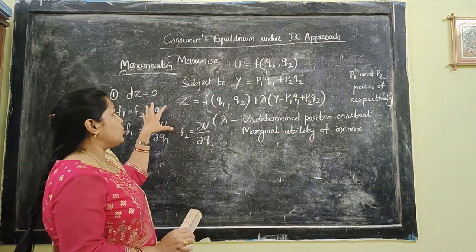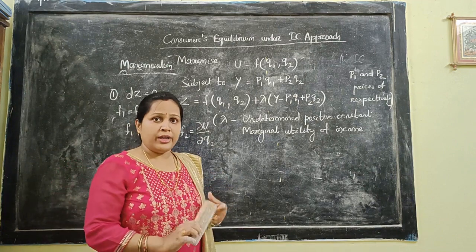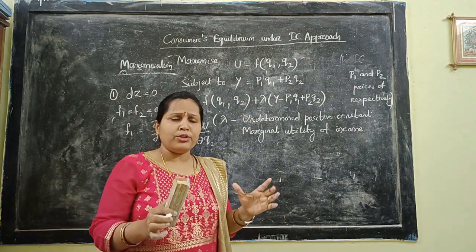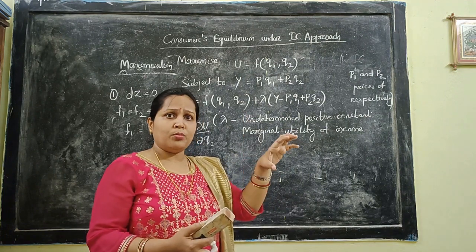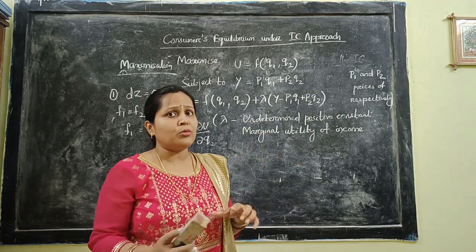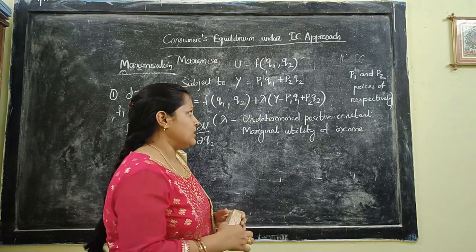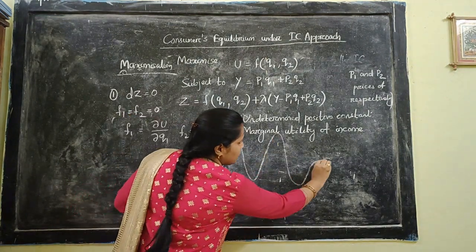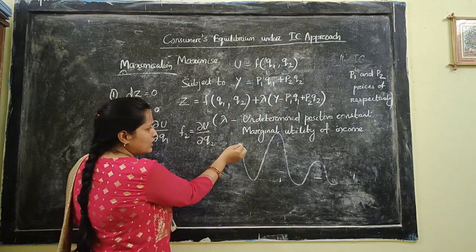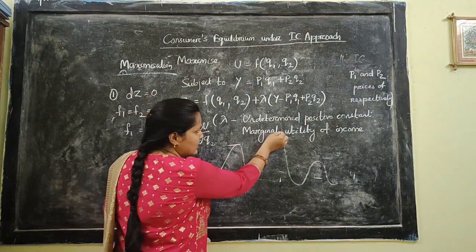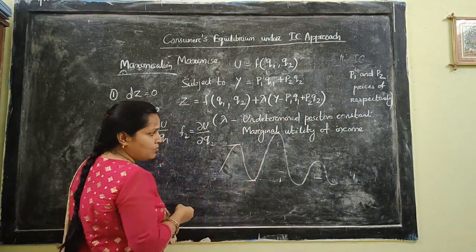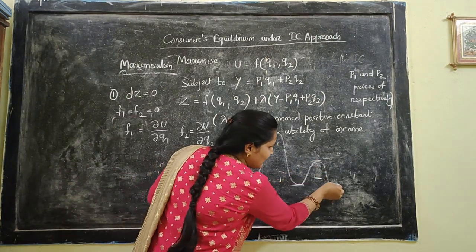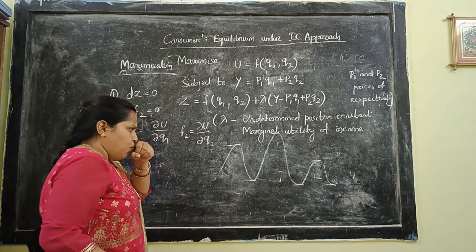And this will give you the stationary points where the function may have different points, like a point of maximum or a point of minimum. Suppose this is the function. So this is a point of maximum, this is another point of maximum, this is a point of minimum, and again a minimum.